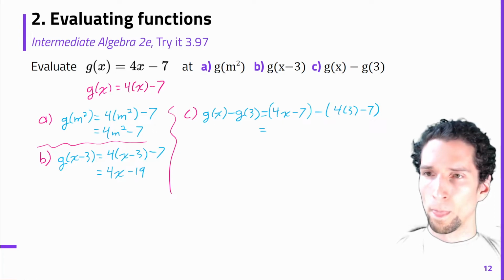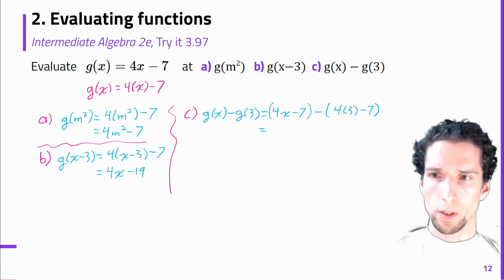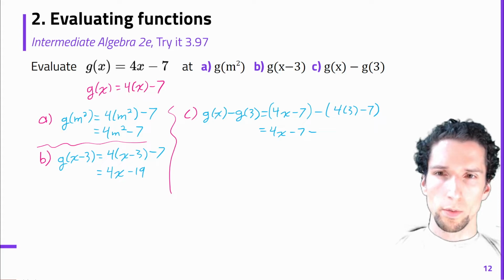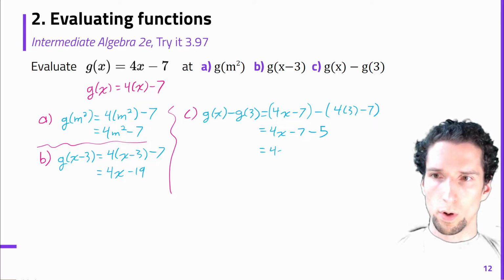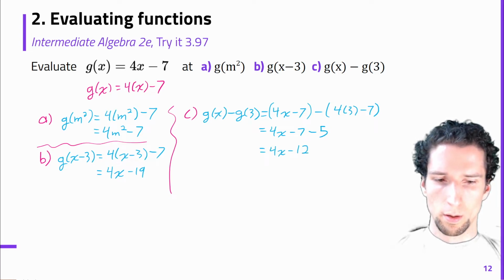Okay, and then our results will have 4x minus 7 minus 12 minus 7, that's 5, negative in front. So that looks like 4x minus 12.